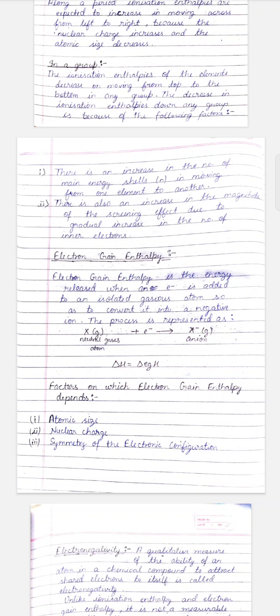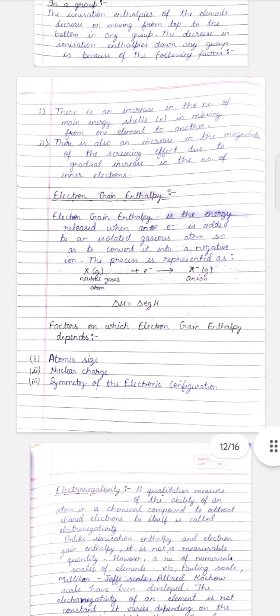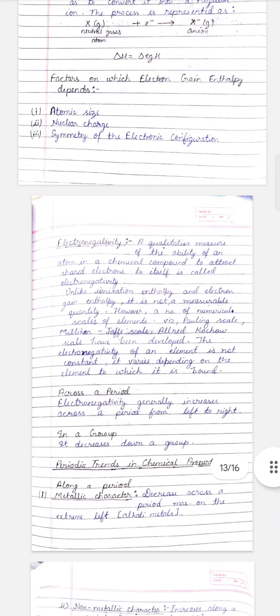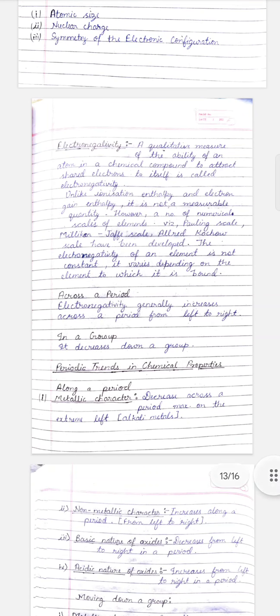Electron gain enthalpy. Electron gain enthalpy is the energy released when an electron is added to an isolated gaseous atom so as to convert it into a negative ion. Factors on which electron gain enthalpy depends: atomic size, nuclear charge, symmetry of electron configuration. Electronegativity along a period and in a group.